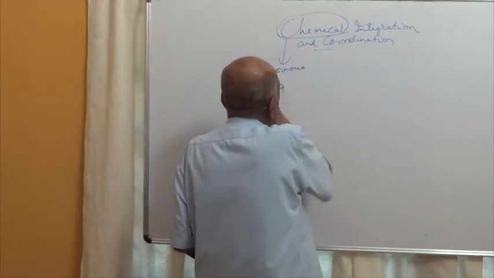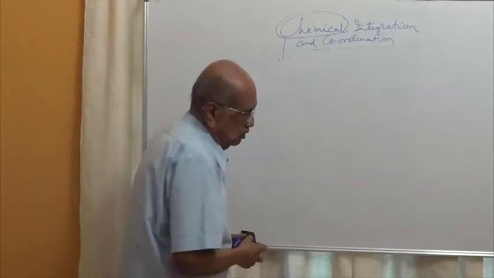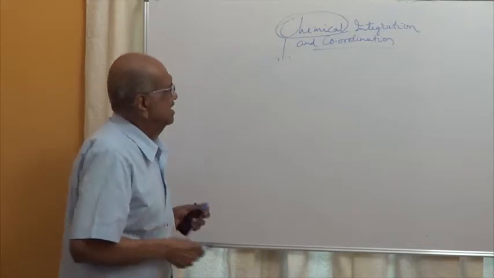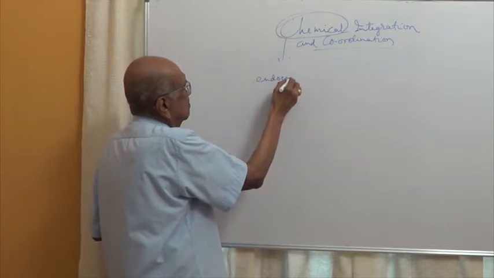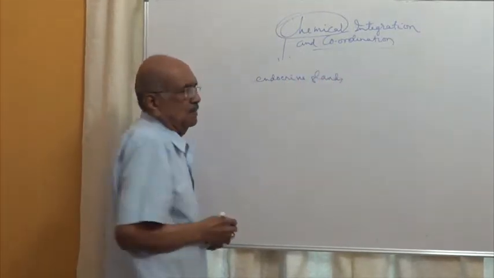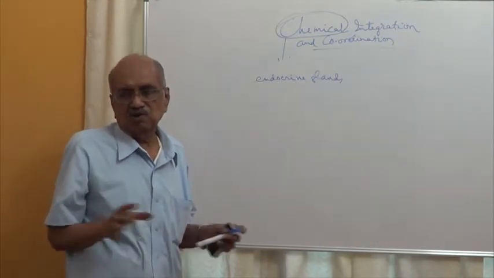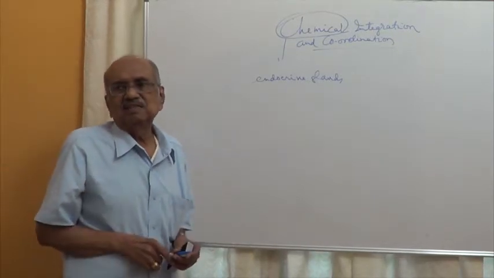Once we know this, how can we study the hormones in the laboratory? Well, you require endocrine glands. Is it enough if you have endocrine glands? No, not enough. Endocrine glands in sufficient quantity.